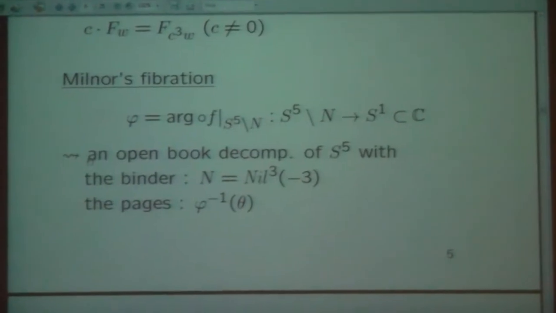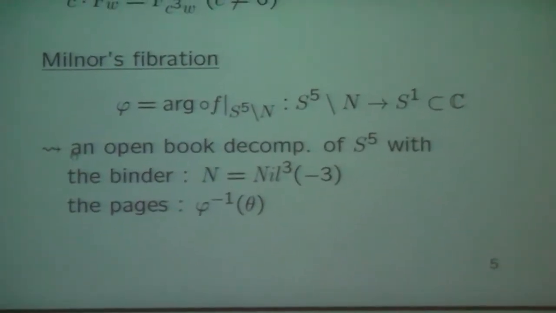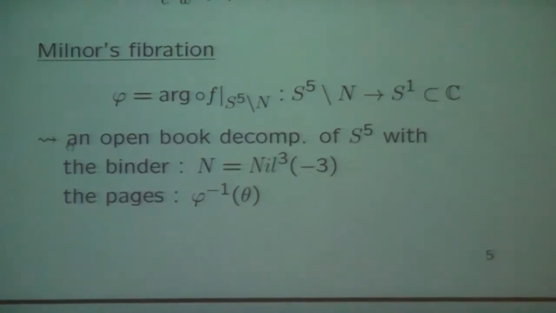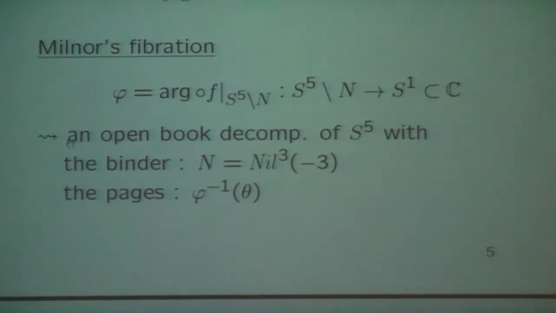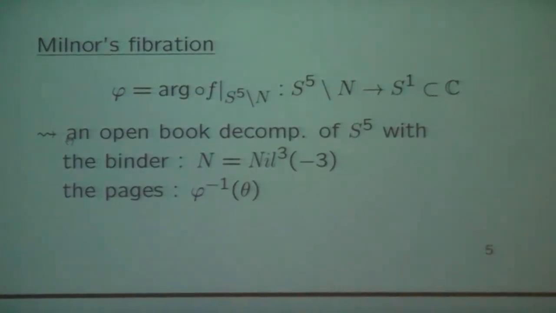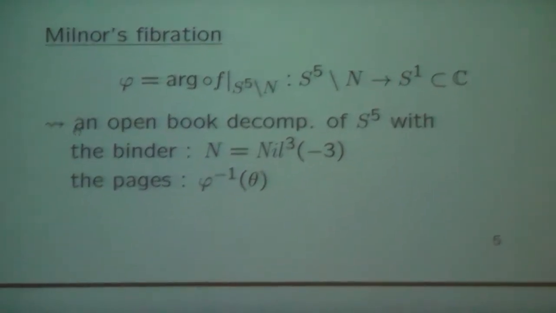So let's take a unit sphere, and the Milnor fibration is defined on S5 minus F0, the singular surface, and the fibration is defined by taking the composition of the function f with taking the argument of the complex value.